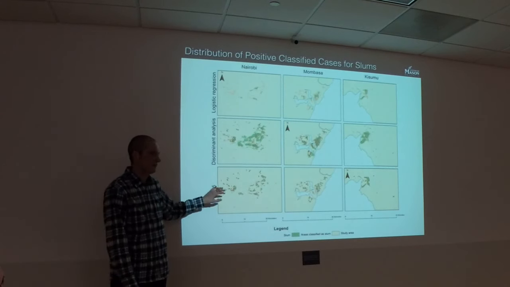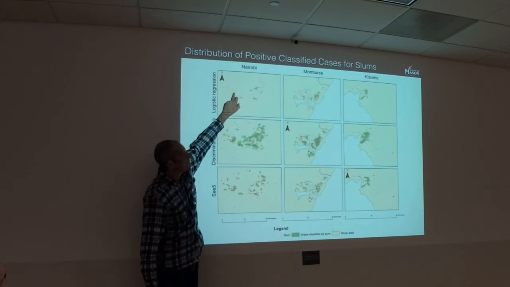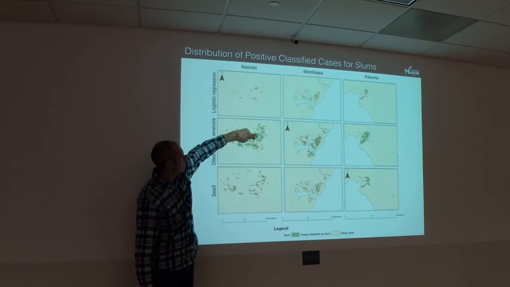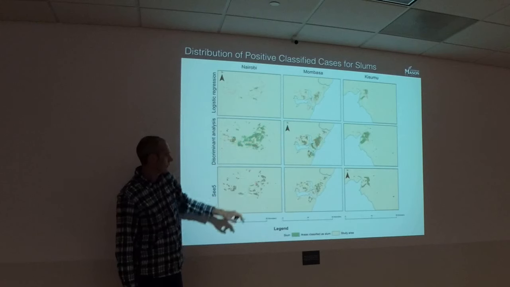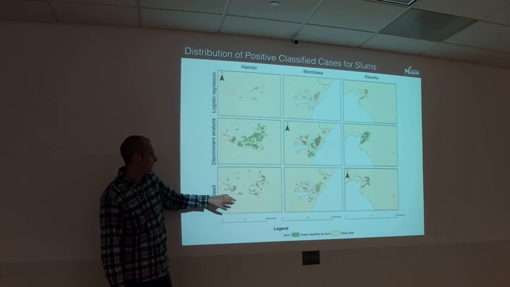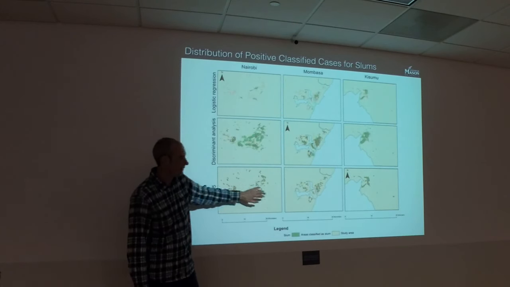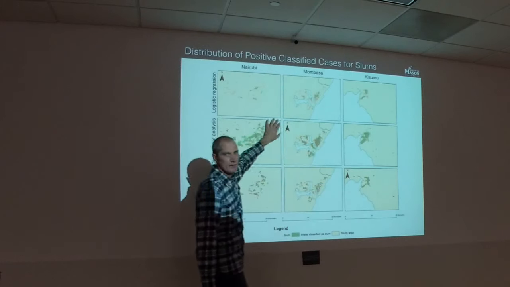And of course, the C5 decision tree works. And so what we have here is these are the known slums. The greens are where the model's predicting the slums, right? So you can sort of see visually that the C5 is better predicting slums in these 3 cities than the other ones.